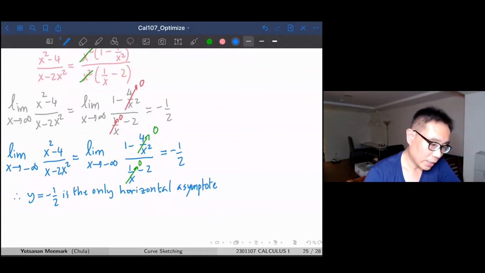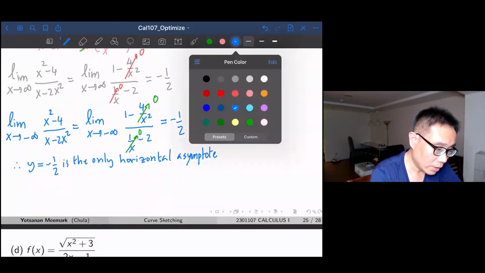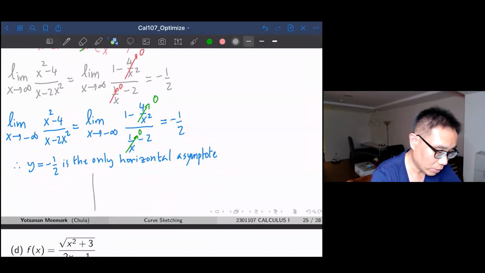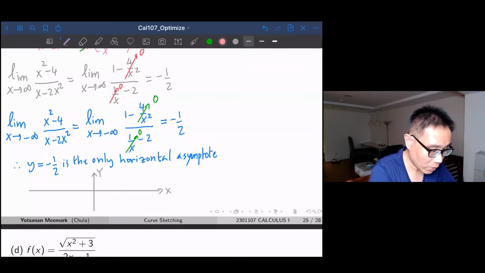And you see that the function behaves in this way: you get y equal to negative 1/2, which is this horizontal line.